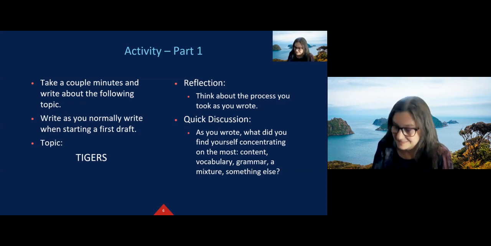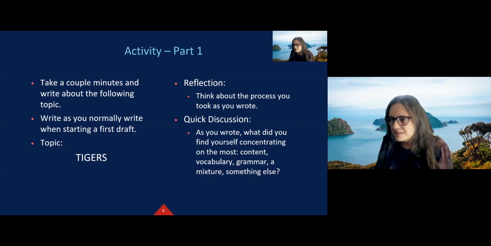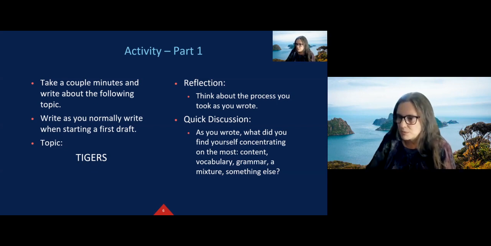So then my next thought went into, okay, how can I find a common point or an interest point that would lead into me talking about tigers or writing about tigers? So it took me quite a while to actually start writing. And then once I did, it was more tying my thoughts together. So content more so than vocabulary or grammar. Great. Okay, thanks so much for starting the ball rolling, Sherry.